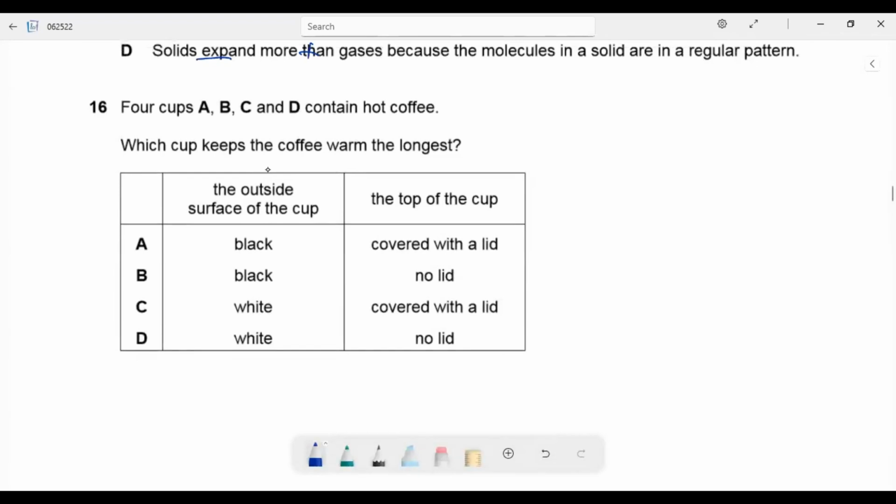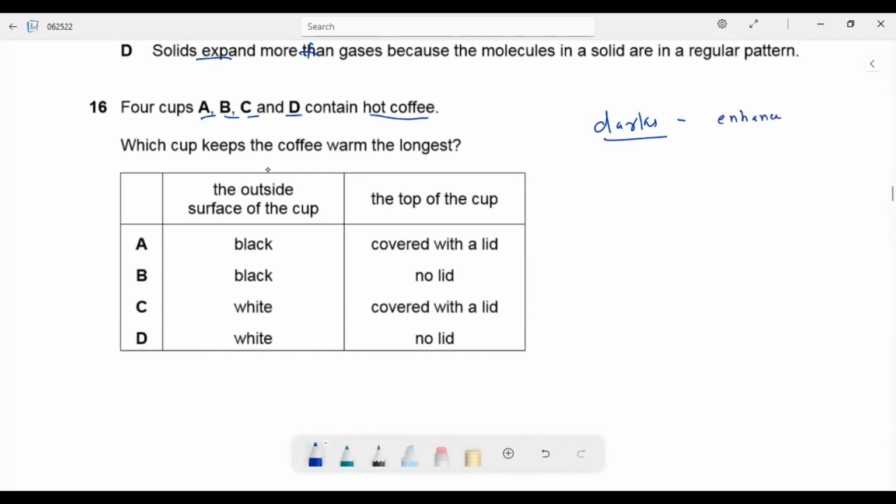Four cups A, B, C and D contain hot coffee. Which cup keeps the coffee warmer the longest? So dark colors enhance radiation. They are better in absorbing and emitting thermal radiation.